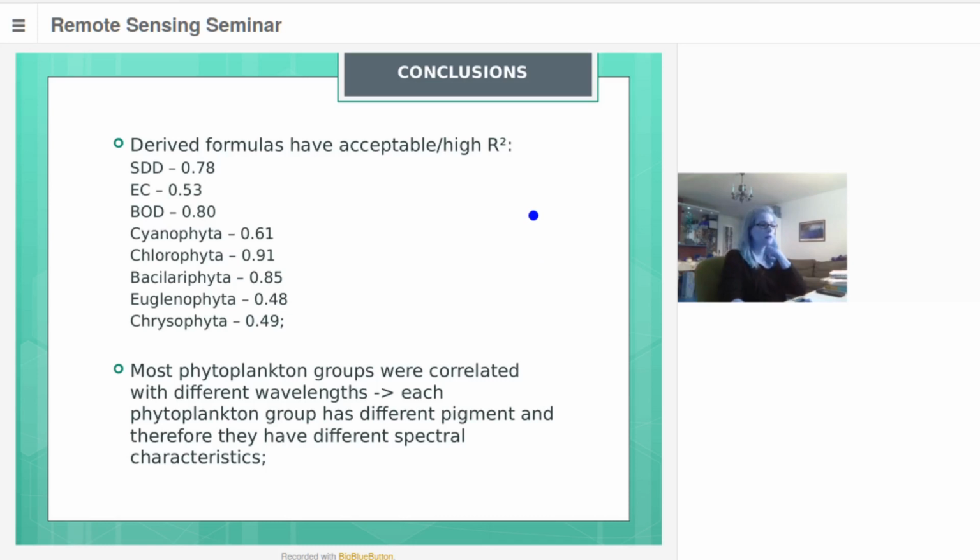And most phytoplankton groups were correlated with different wavelengths, and this is due to the fact that each phytoplankton has different pigments, and therefore they have different spectral characteristics. So they can be monitored by the formulas, maybe not like the different species, but in general.